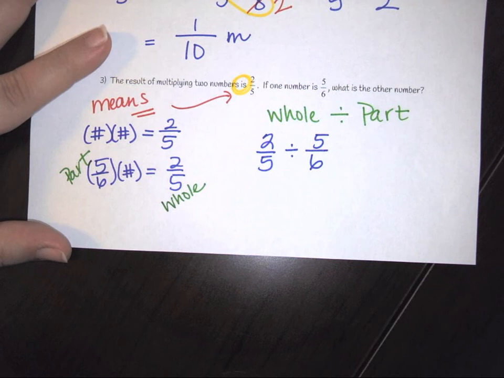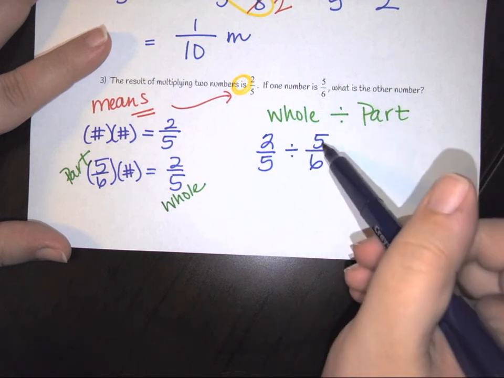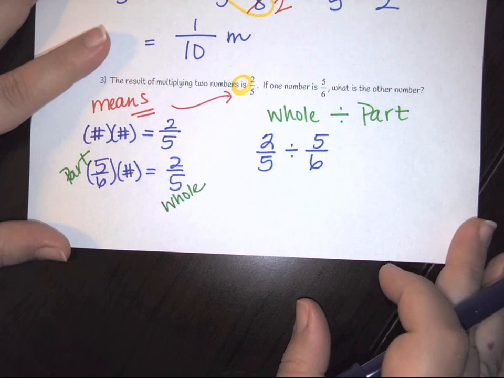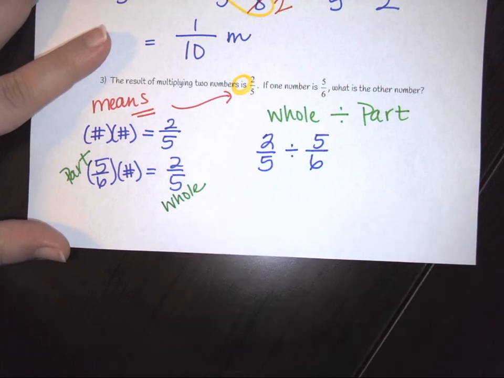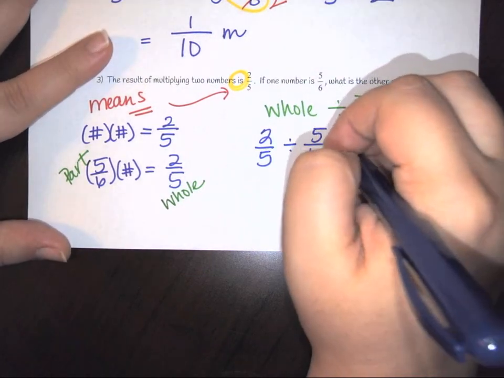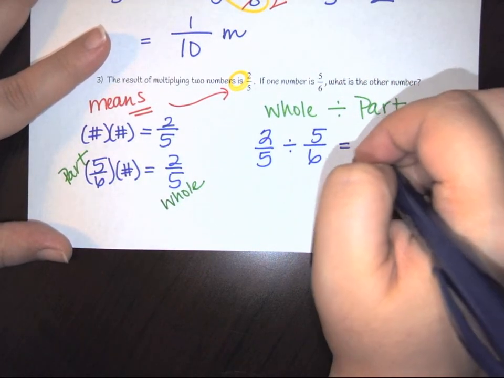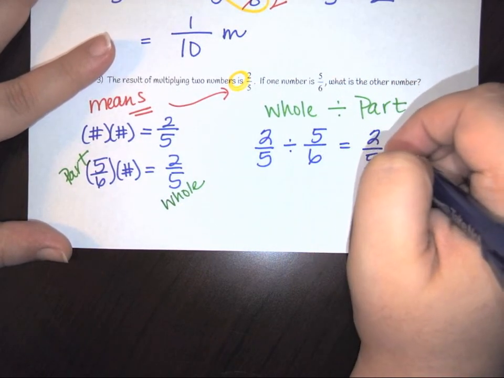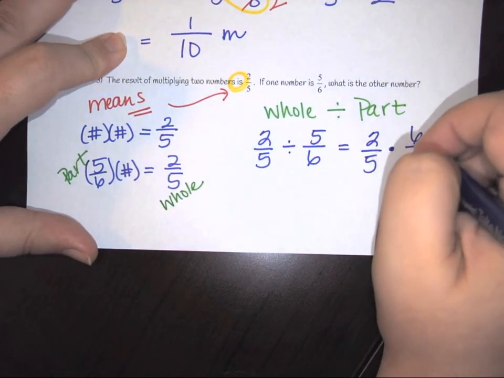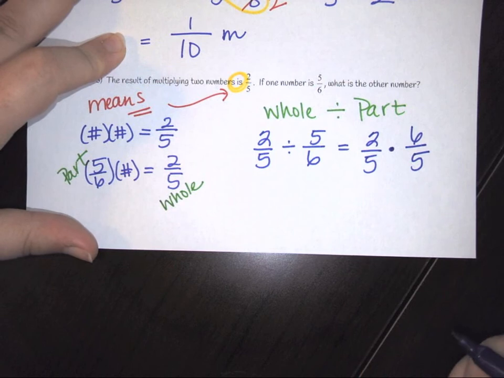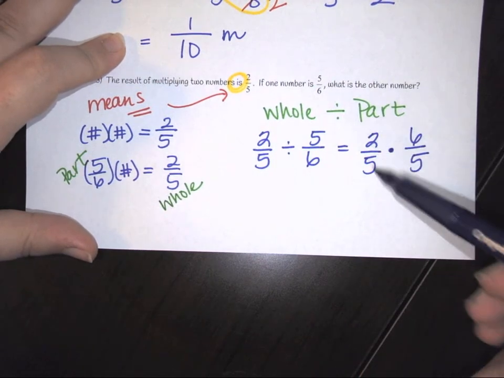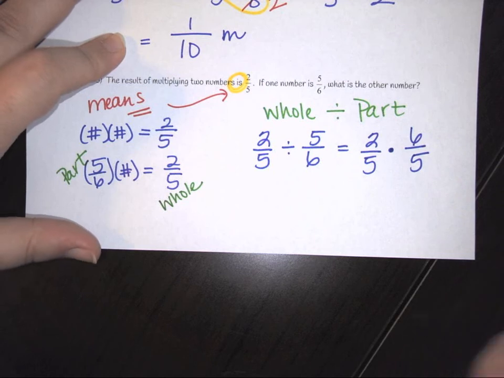Now, don't get too excited yet. Yes, I have a 5 and a 5, but notice I have a division sign. Therefore, what that actually means is that I need to first apply my rule. The rule says keep the first, change the sign, flip the reciprocal, 6/5.